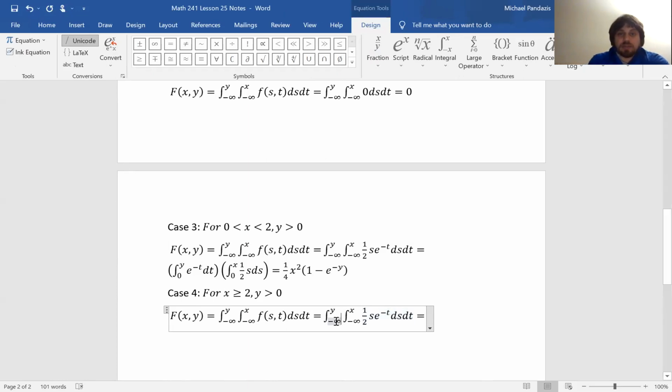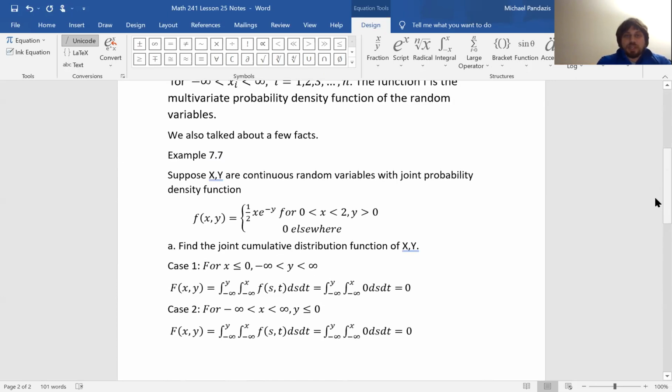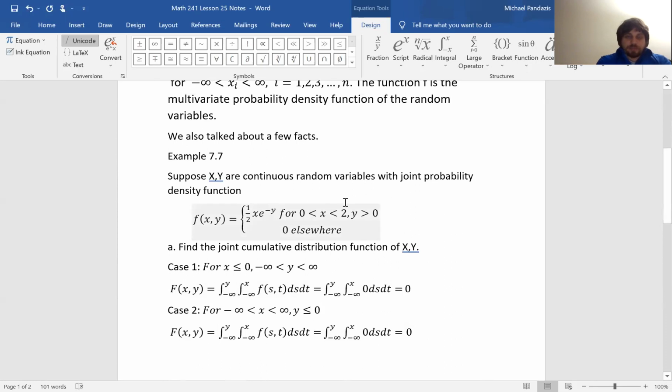But now, instead of going from negative infinity to y, we're going to go from 0 to y. And now instead of from negative infinity to x, it's going to be from 0 to 2, because those are the range of x values here. So we're going to go from 0 to 2. Because if x is going to equal 2, we start at 0 and go all the way up to 2. Okay, because our original PDF is only non-zero for x values between 0 and 2.